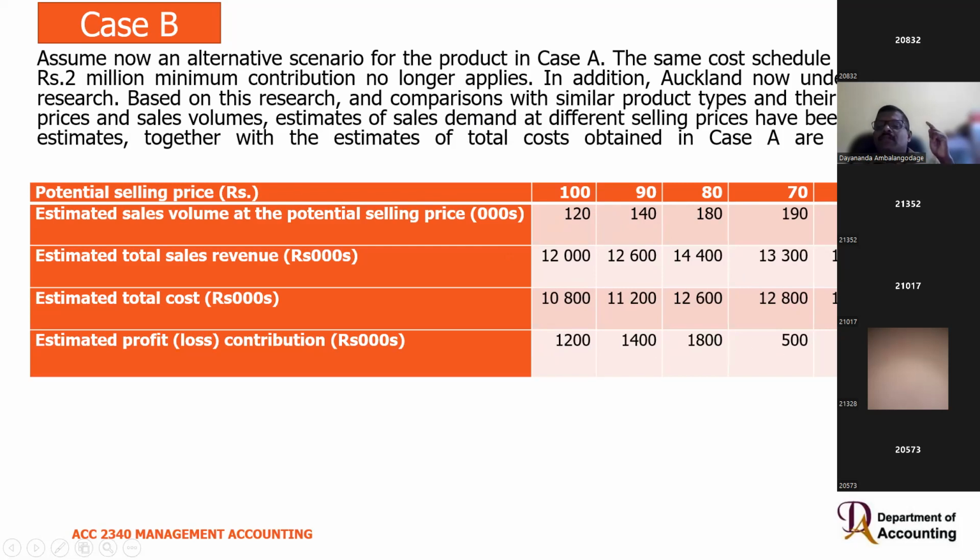You will see that when you reduce the price to 60 for 100,000 units, you end up with a loss. So according to this chart, I think the best suitable price where your profit is maximized would be 80 rupees per unit and 180,000 sales. So that would be the case B approach. But again, we are still using the cost plus approach, but in a different way.